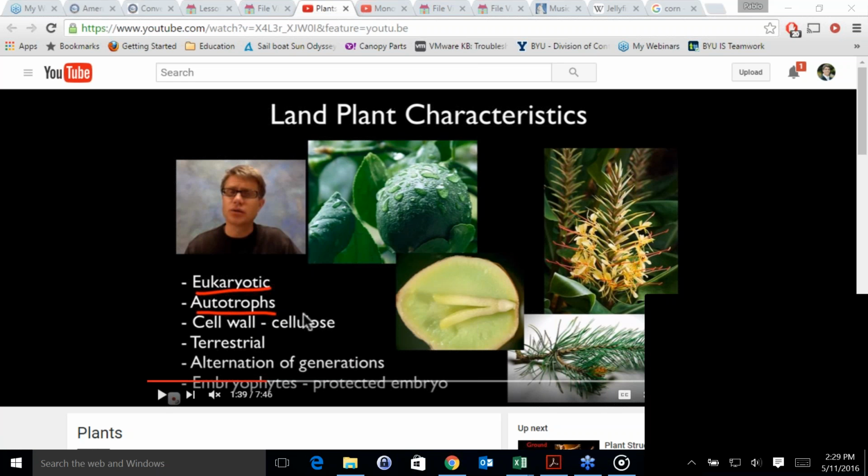I visited one time here in Utah in Cedar Breaks National Park. There's a forest of pine trees that they said are the longest living organisms, and they are over 3,000 years old. 3,000-year-old pine trees. Amazing, really.